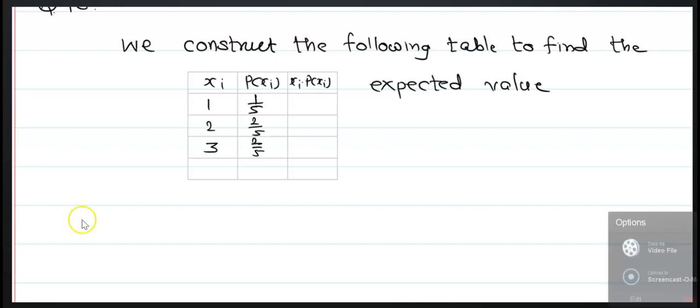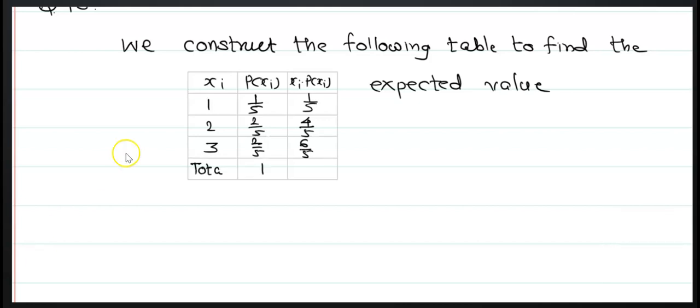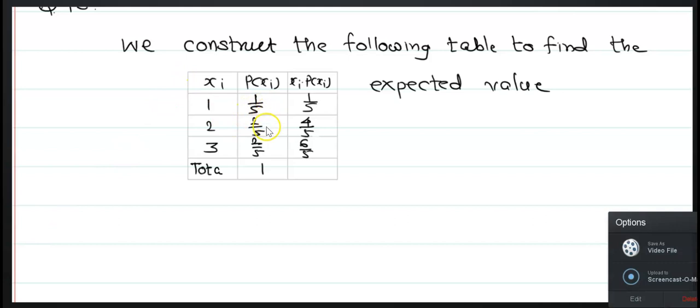Substitute the values: xi is 1, 2, 3, and P of xi is 1 by 5, 2 by 5, and 2 by 5. Their products are 1 by 5, 4 by 5, 6 by 5. Their sum total, 1 by 5 plus 2 by 5 plus 2 by 5, is 1.